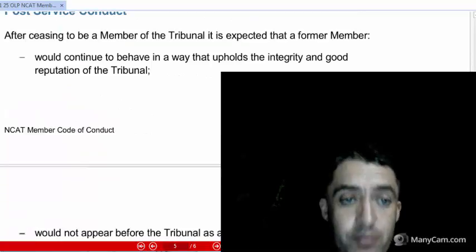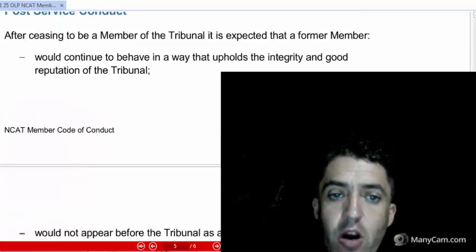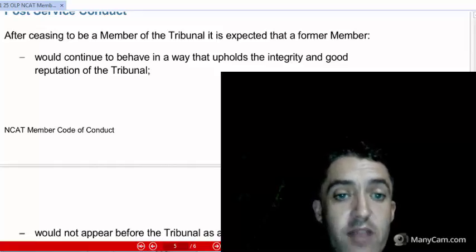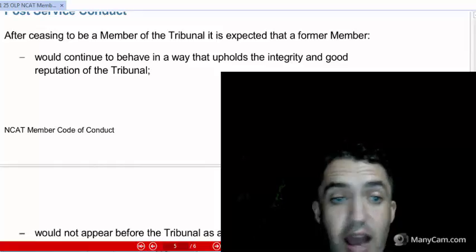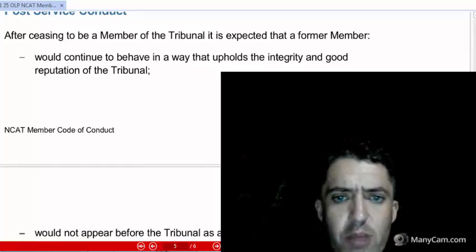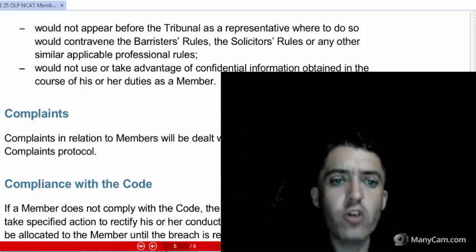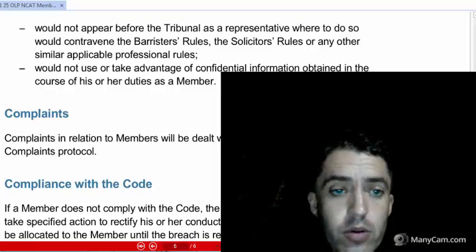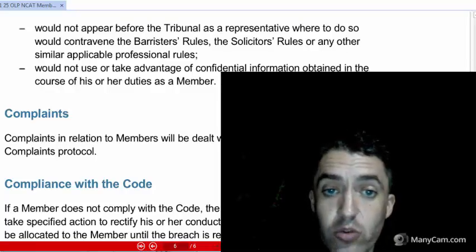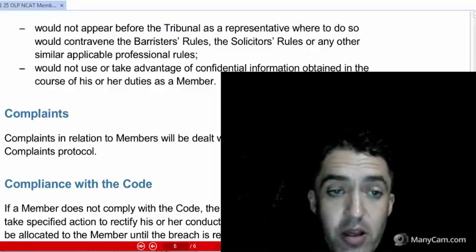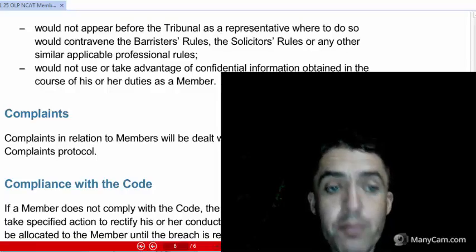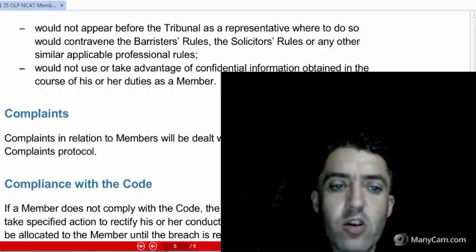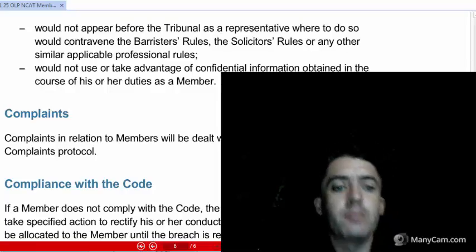Post-service conduct. After ceasing to be a member of the tribunal, it is expected that a former member would continue to behave in a way that upholds the integrity and good reputation of the tribunal, would not appear before the tribunal as a representative where to do so would contravene the barrister's rules, the solicitor's rules, or any other similar applicable professional rules, would not use or take advantage of confidential information obtained in the course of his or her duties as a member.